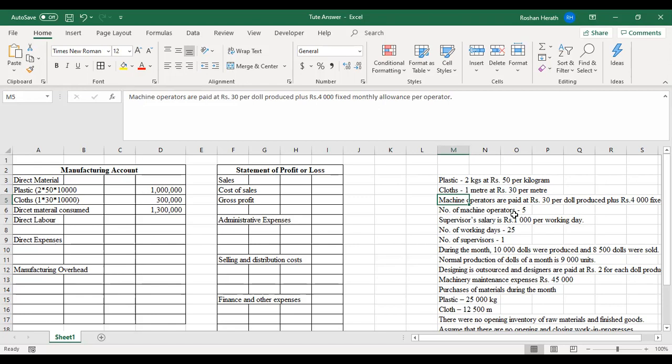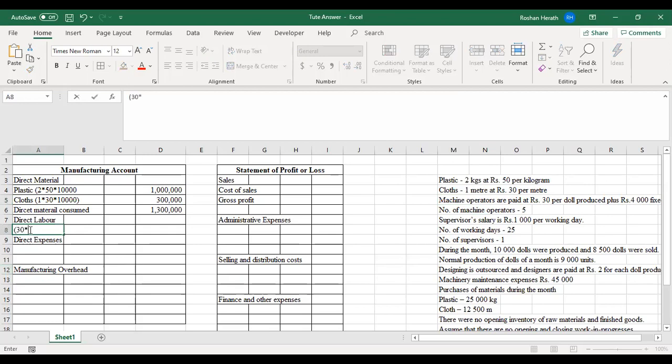So the fixed cost is 4,000 per operator into 5, which is 20,000, and 30 per doll for 10,000 dolls. Working out direct labor: 30 into 10,000 plus 4,000 into 5, and there it comes, 320,000. Total direct labor is 320,000.